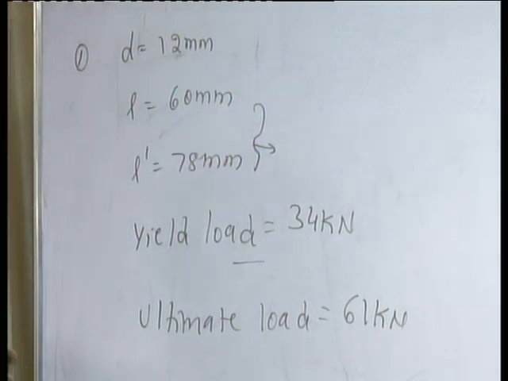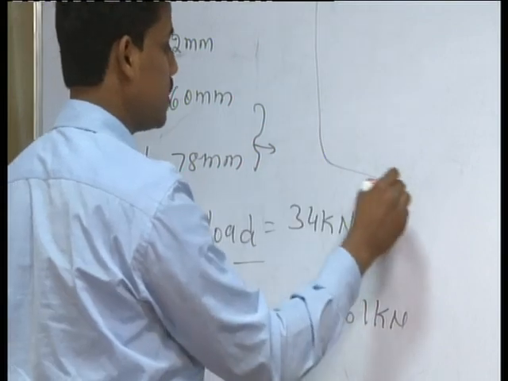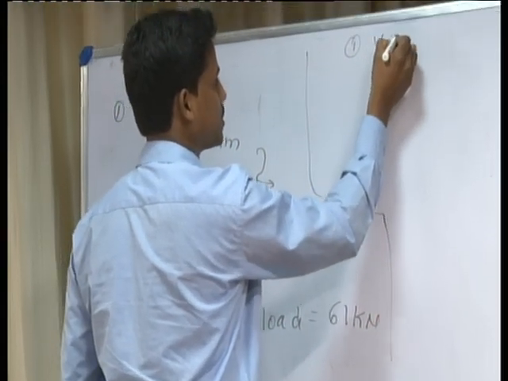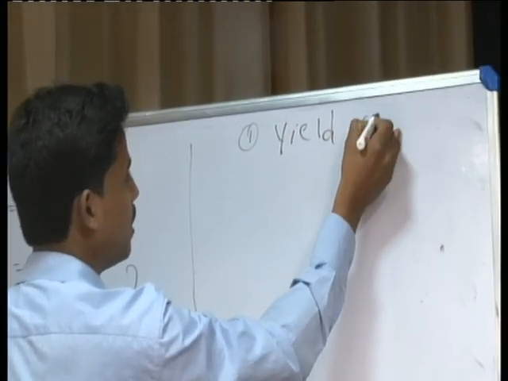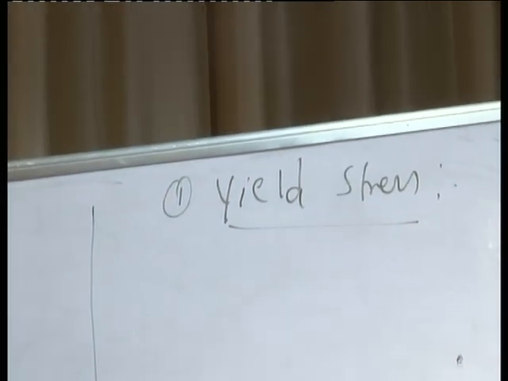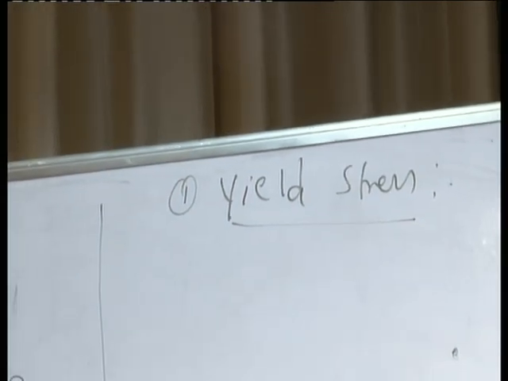Initially, what do we have to calculate first? We have to calculate the yield stress. What is the meaning of yield stress? It is the stress corresponding to the yield load, so we call it the yield stress.